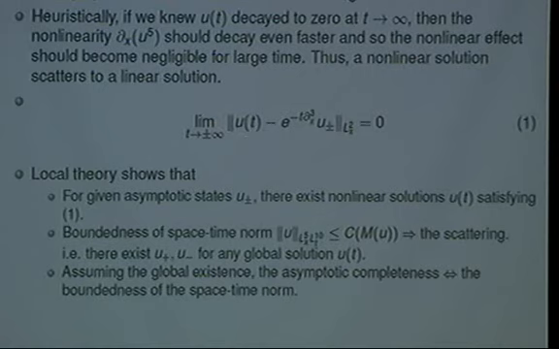Which means the convergence as time goes to infinity is equivalent to a quantitative statement like the boundedness of the space-time norm. So from now on, when we consider the scattering problem, we are looking at only the quantitative statement. The effort will be made to show that the space-time norm, the L5 L10, is bounded by some constant depending only on the mass.